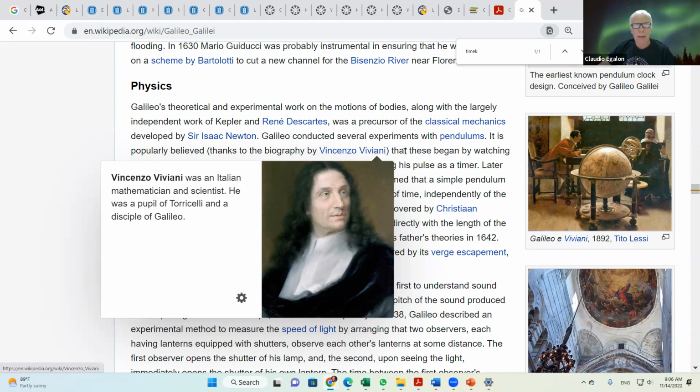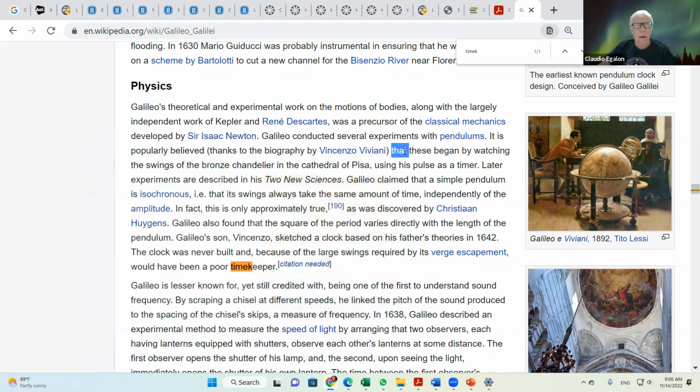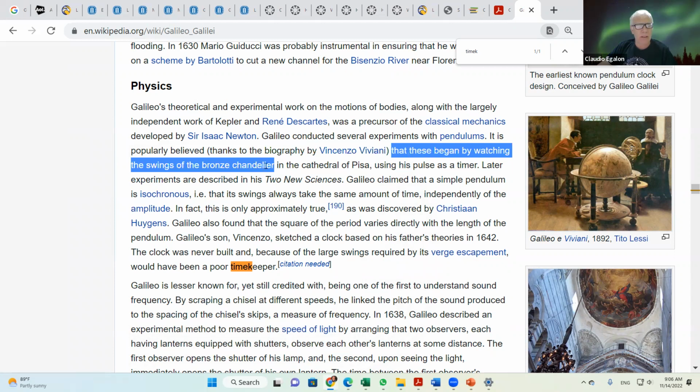The work of Galileo on the motion of bodies began by watching the swings of a bronze chandelier in the Cathedral of Pisa, using his pulse as a timer.